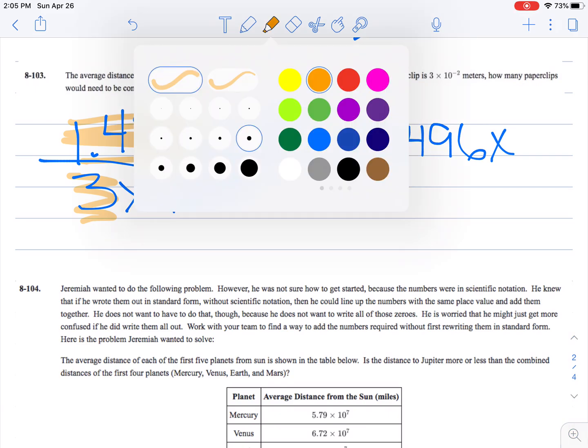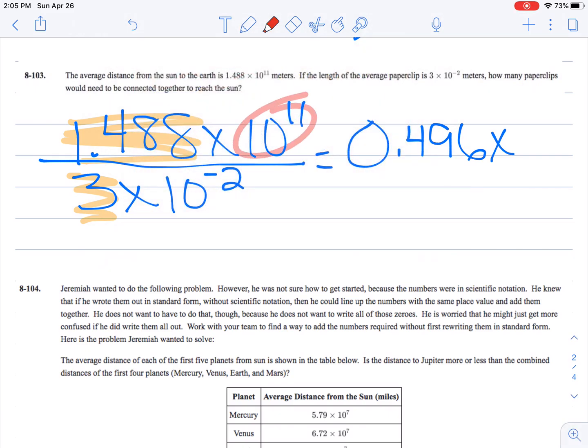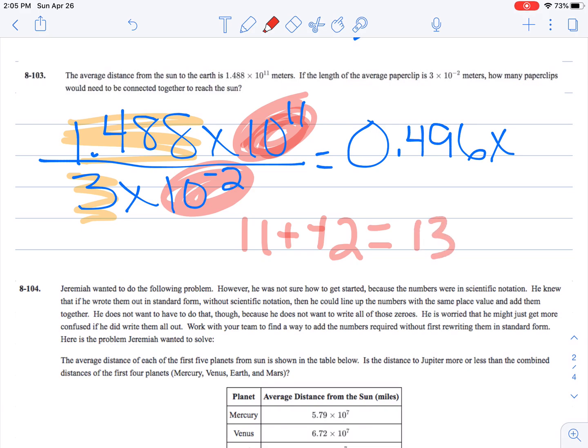The second part is looking at the two exponents, and when we have division, we subtract them. So 11 minus negative 2, keep change, is 13. Okay, so this is 10 to the 13th power.